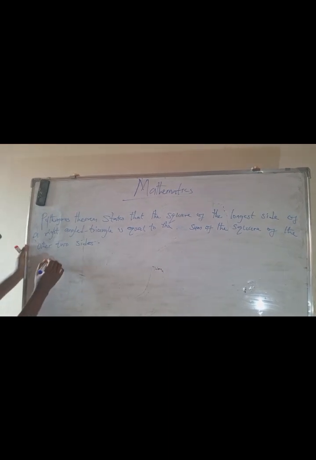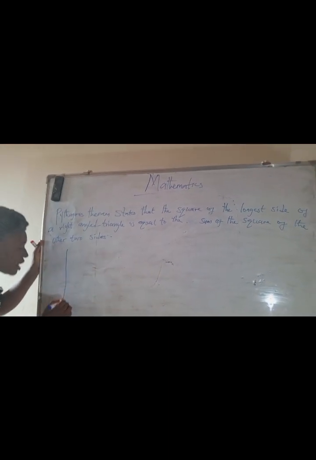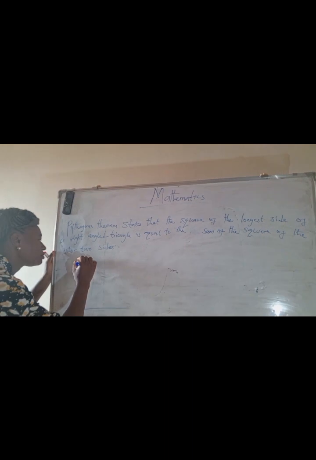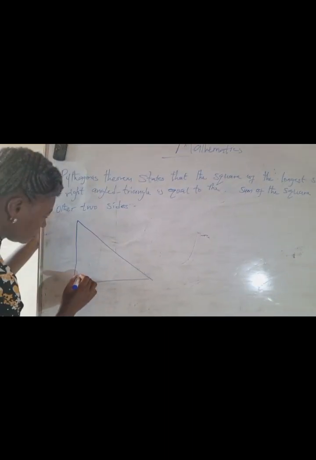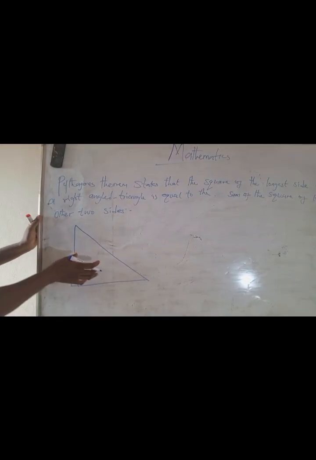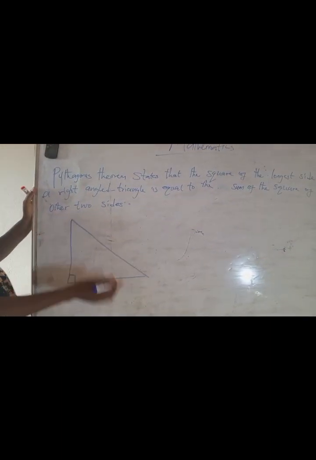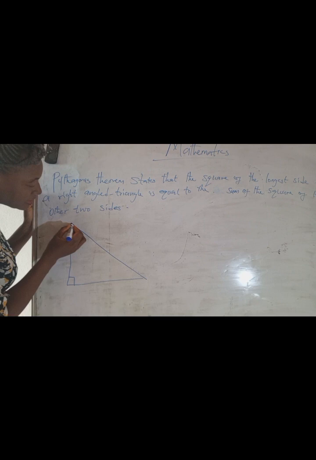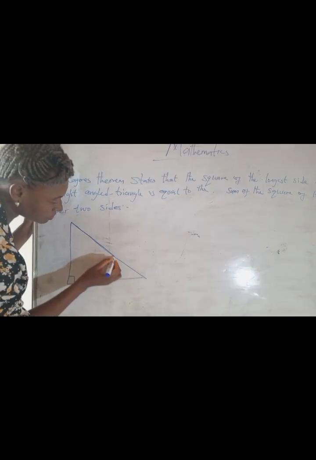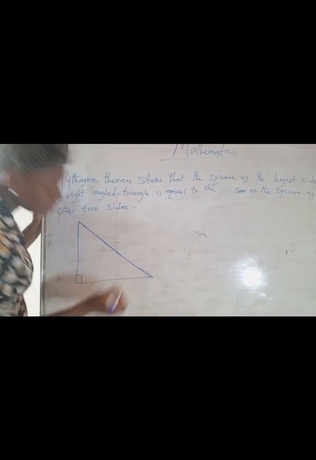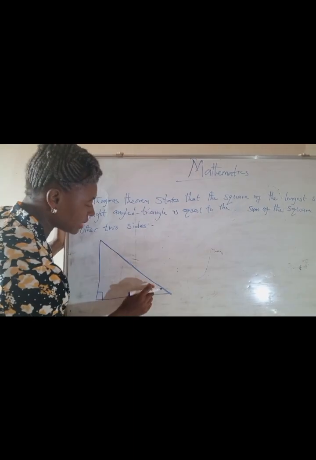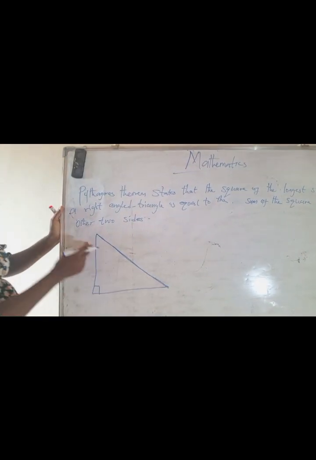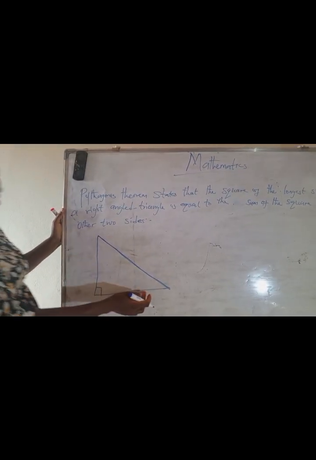Now, if this is a right angle triangle, if you look very closely, you find out that the longest side is this side. So Pythagoras is saying that the square of this longest side is equal to the sum of the square of this side and this side.